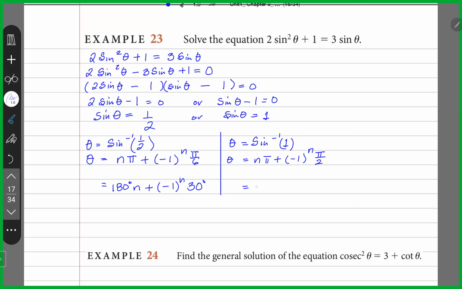Or in degrees, it's 180 n plus minus 1 to the power n, 90 degrees. So that would be my answer or my solution to this trigonometric equation.